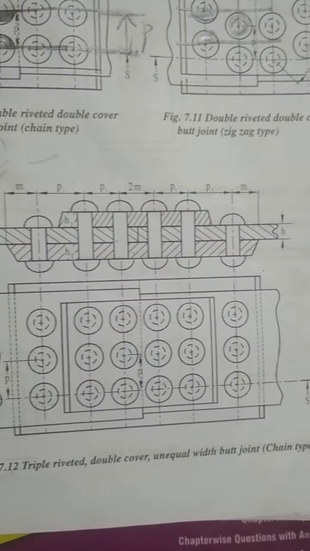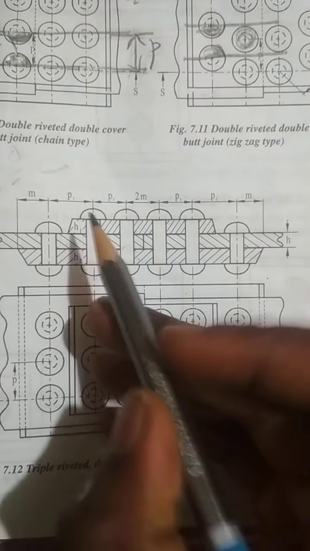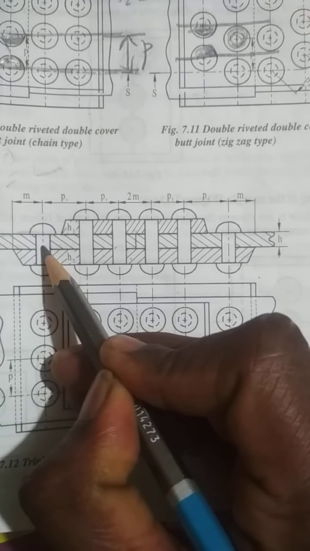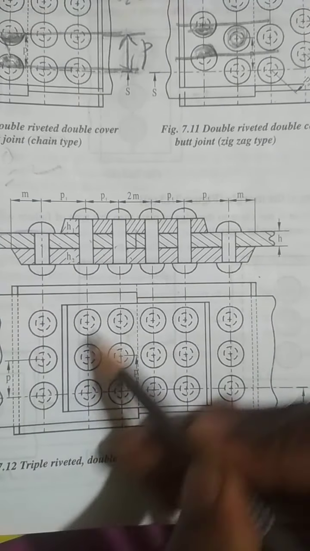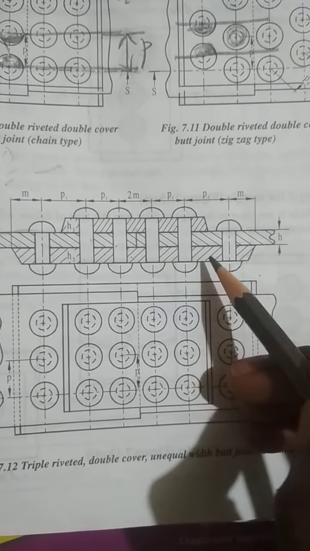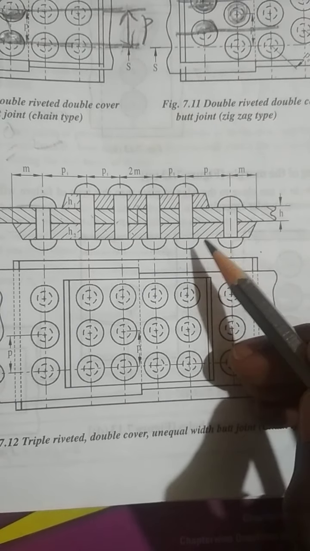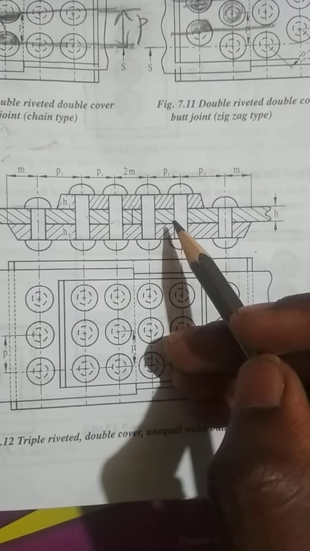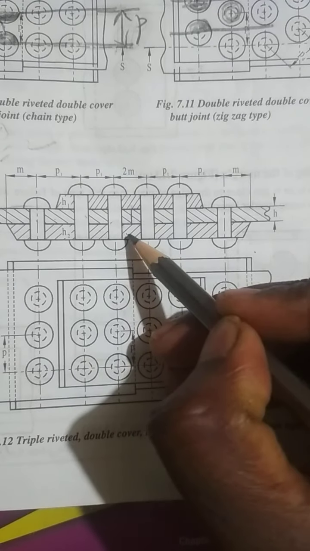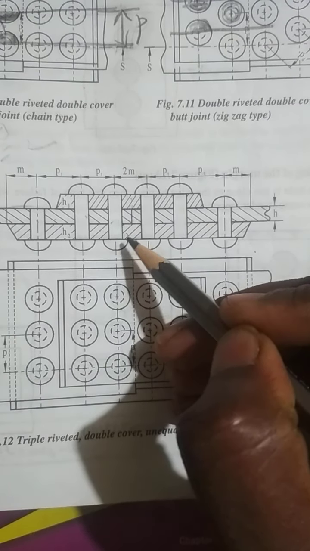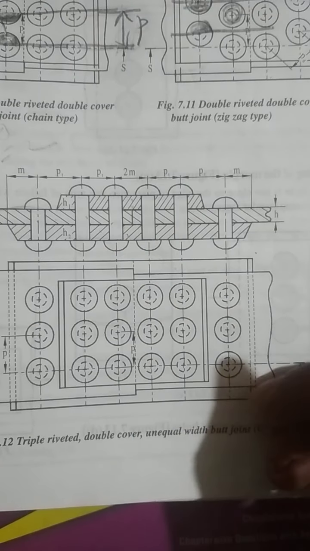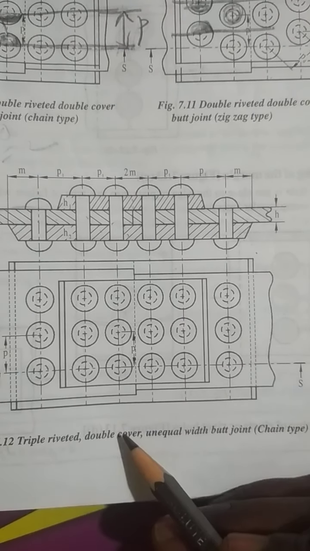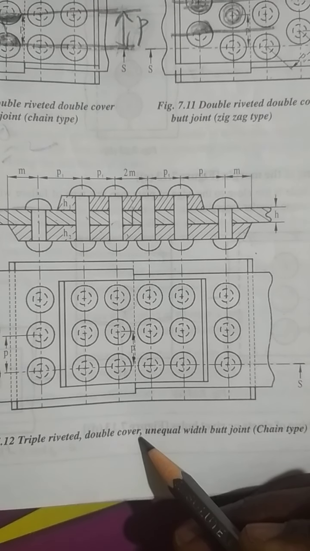Now look at this diagram. Here you can see that in one plate, 3 rows of rivets are there. That's why it is shown as a triple riveted joint. Now look at the cover plate. Here you can see 2 cover plates. Then we can call it a triple riveted double cover butt joint.